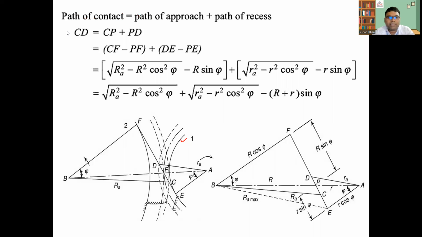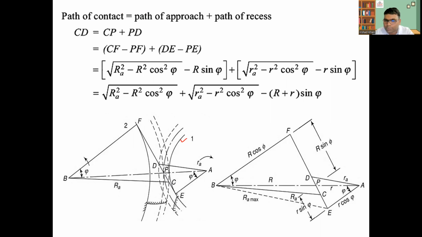Next slide. The path of contact: you can see the engagement begins from C and disengages at D. So CD is called the path of contact, and it has two parts, CP plus PD. Part CP is called the path of approach and PD is called the path of recess. So we have to calculate these.